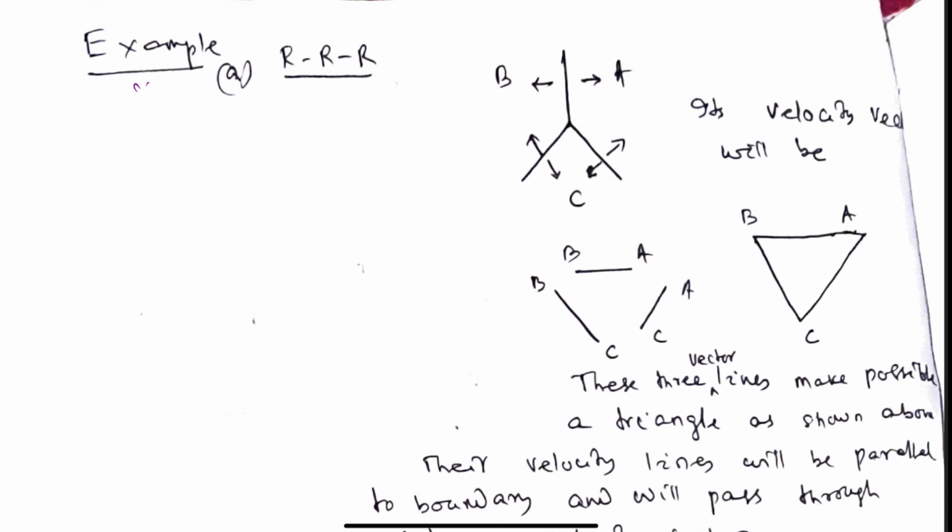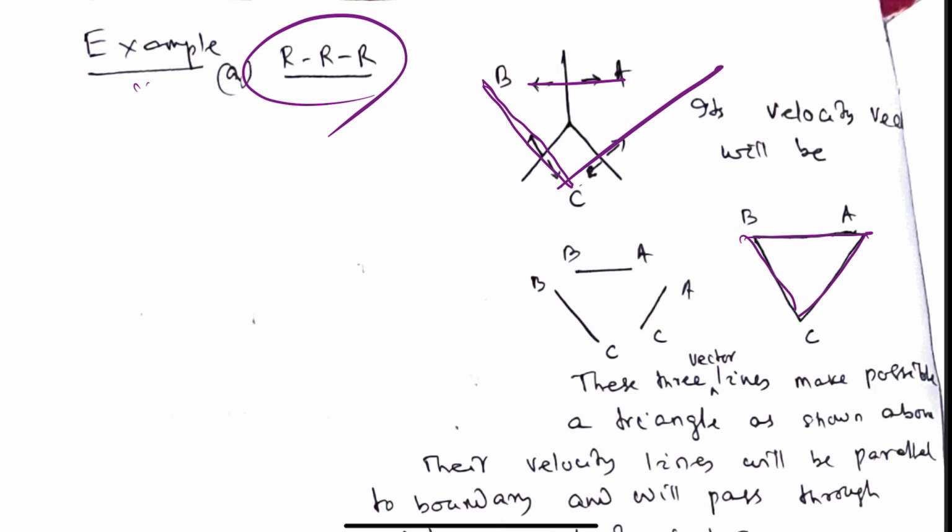Let us analyze A, B, C, they are having ridge type of boundary. So the velocity vector will be BA like this. Then AC, BC like this. This has been shown here.